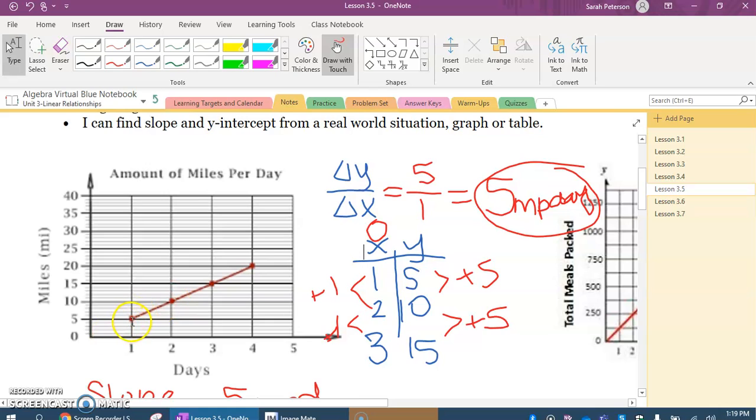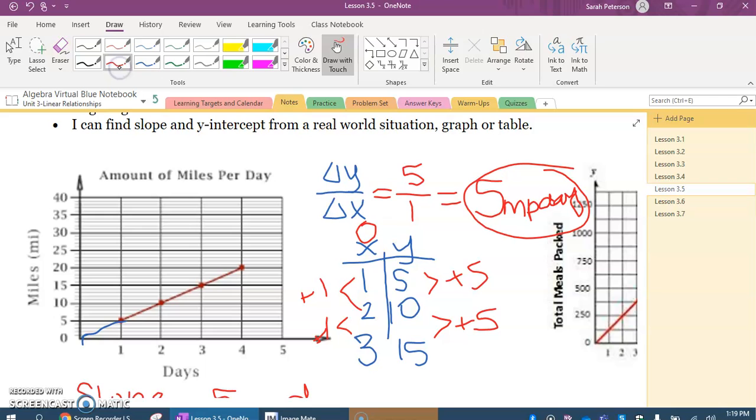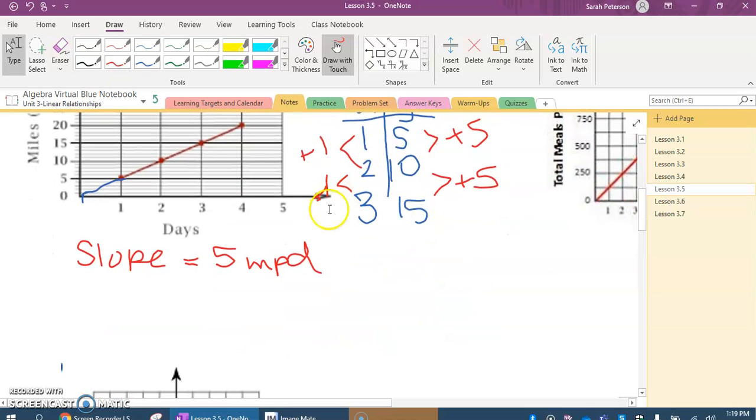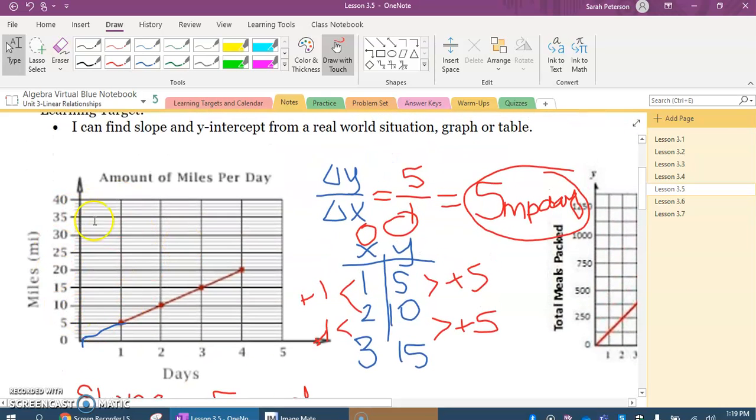If I continue this graph, my other point would be right there at (0, 0), and I could extend the line there. If I continue the pattern too, I would go 5 back and I would get 0. So my y-intercept for this would be 0. We're going to look at some other examples as we go that don't have a y-intercept of 0, but that's how we can identify it from a graph. We're looking at where it crosses the y-axis.